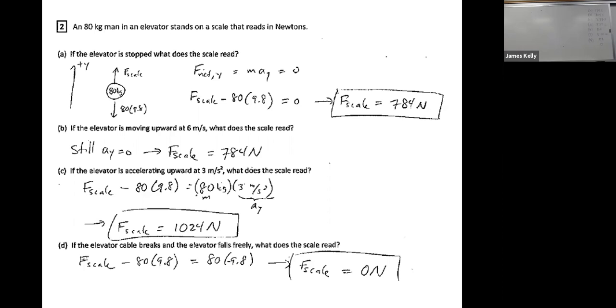In other words, I'm not asking for components of things in your coordinate system. I'm saying, how far does it move? Well, that's something that doesn't depend on what coordinate system you choose. What is the force? Okay, that's a magnitude of the force. Or what does the scale read? That's a force magnitude.